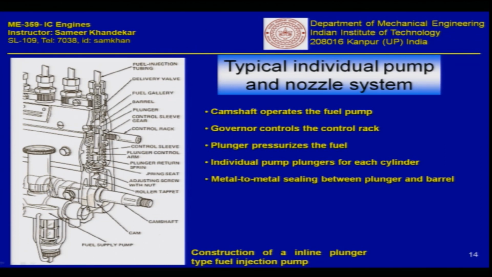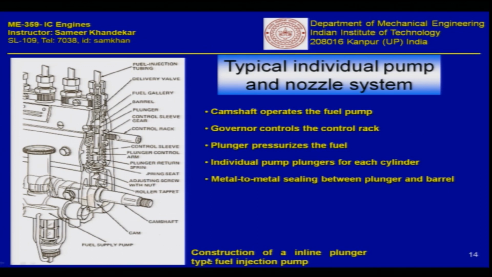Okay. So, this is patented technology, and one has to appreciate that a very high level of tolerance, circularity and surface finish is needed, so that there is no possibility of any liquid fuel bypassing and leaking out from between the plunger and the pump body.